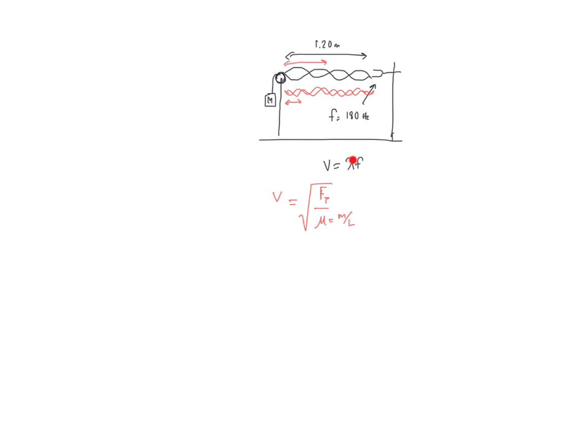So same f, smaller wavelength, will lead to a smaller v. So because we have a smaller v, that means we're going to have a smaller tension, which means you don't want to have as much mass hanging from the pulley, because the more mass is hanging right here, since that's connected over that pulley, the more mass leads to more tension. So you want to have less mass to lead to less tension, and that will result in a lower speed, and the lower speed results in the lower wavelength.